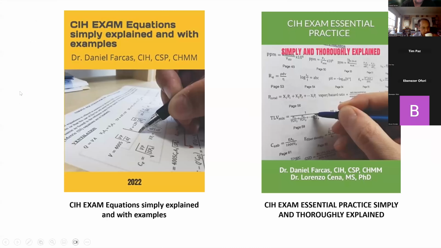Yeah, so the yellow book is basically the CIH exam equations that are simply explained with examples, because you'll find parts of them in other books, but they're very complicated, and they don't give good explanations, and that's what was the catalyst that determined me to write this book. And the second one is the CIH exam equation practice. Basically, as I said before, it's the technical literature where you learn about concepts like sound and noise and light.